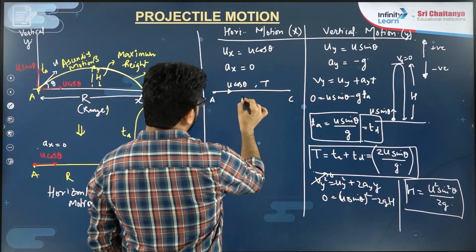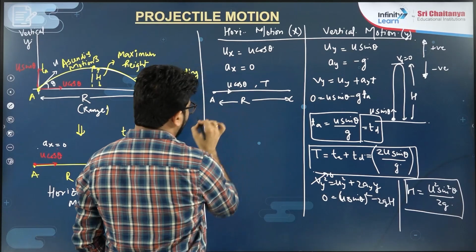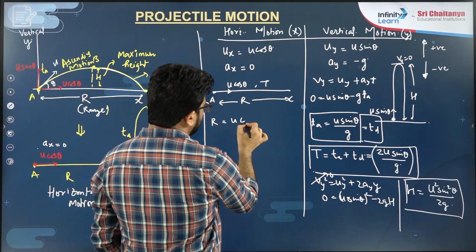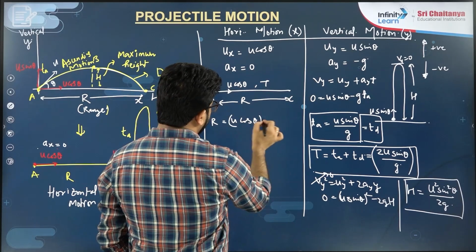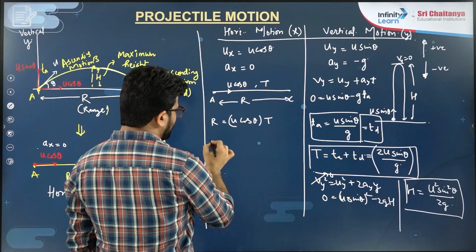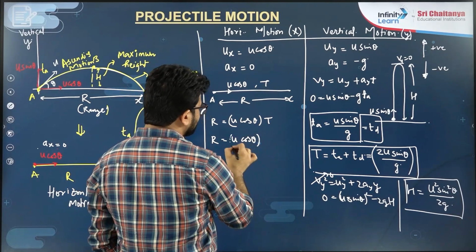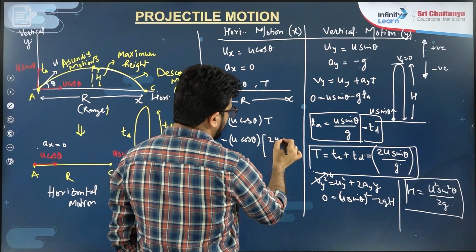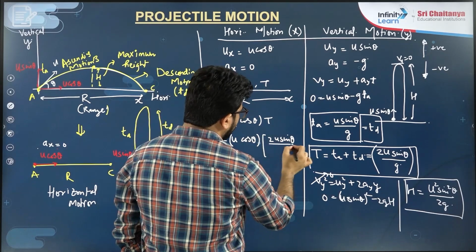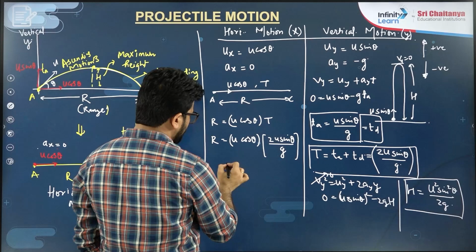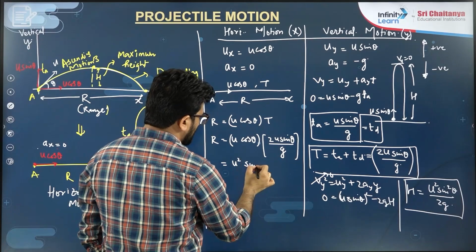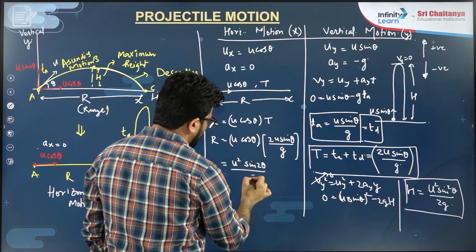So from here you can say this range is nothing else, R is equal to u cos theta into t. Or you can put the value of time, R is equal to u cos theta bracket 2u sin theta divided by g. This becomes u square into sin 2 theta divided by g.